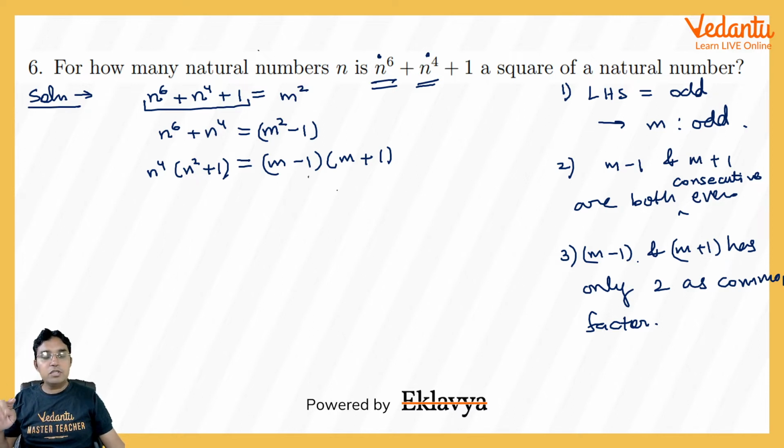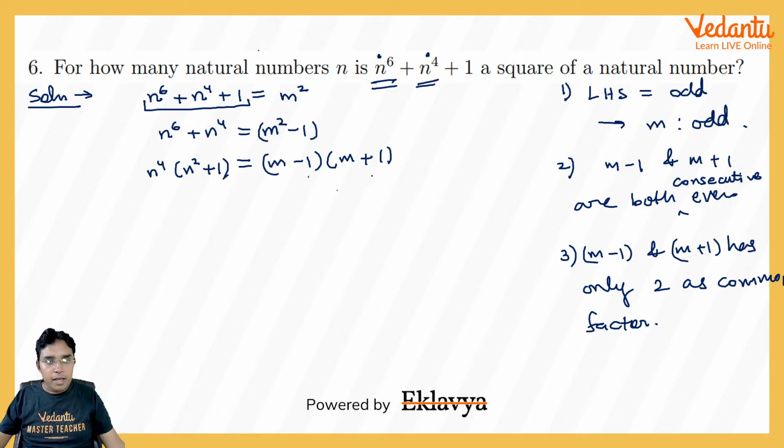So the number which is divisible by only 2, if you take 2 common from that and from m plus 1 or the other number, then they will become two consecutive numbers which are always co-prime. So if you take 2 common from both of them, they will become co-prime. That means 2 is the only common factor in these two numbers.